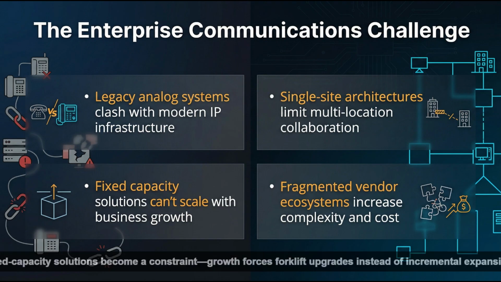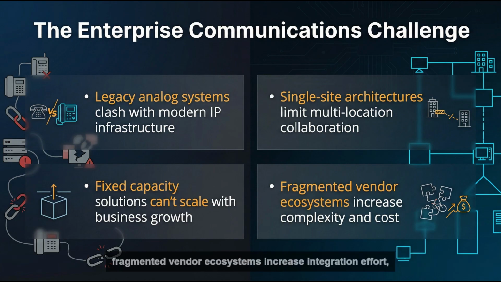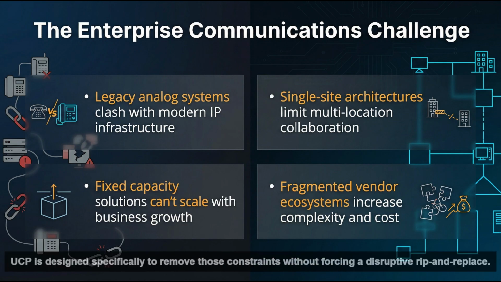Third, fixed capacity solutions become a constraint. Growth forces forklift upgrades instead of incremental expansion. And finally, fragmented vendor ecosystems increase integration effort, operational complexity, and total cost. UCP is designed specifically to remove those constraints without forcing a disruptive rip and replace.